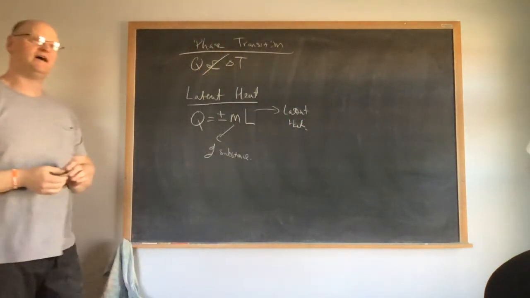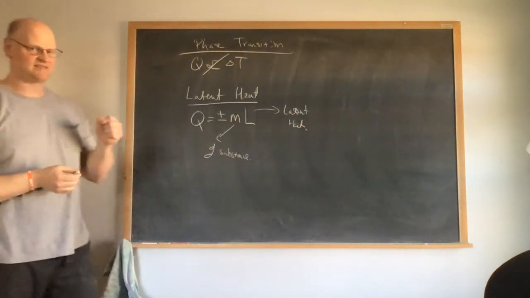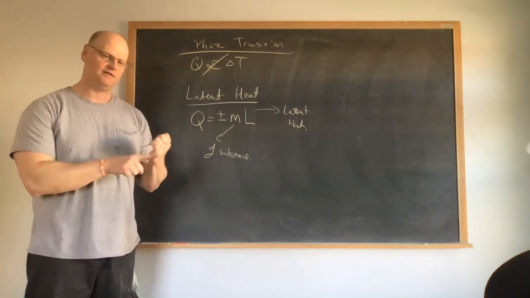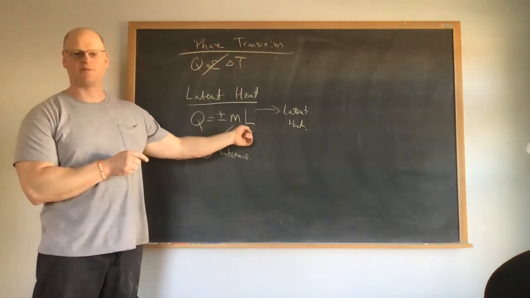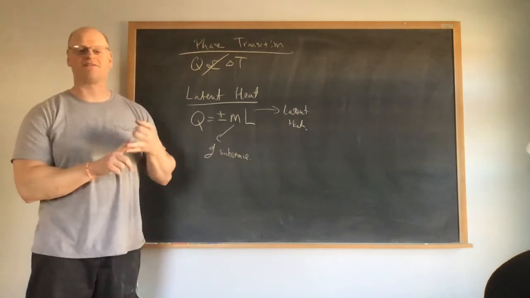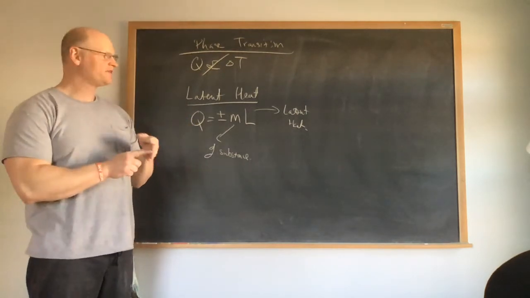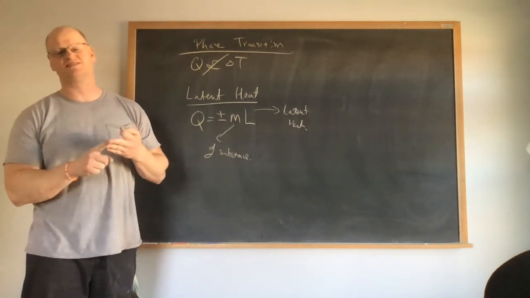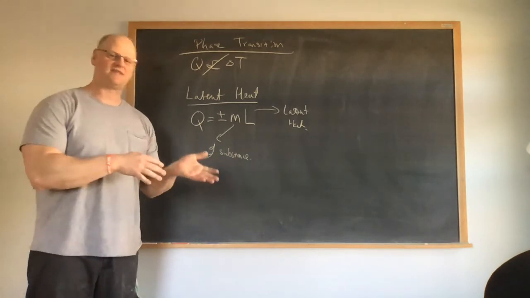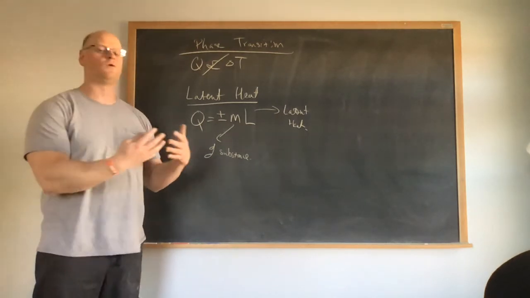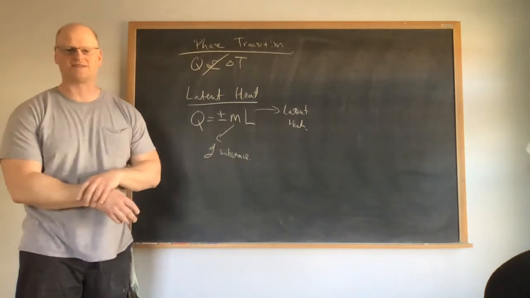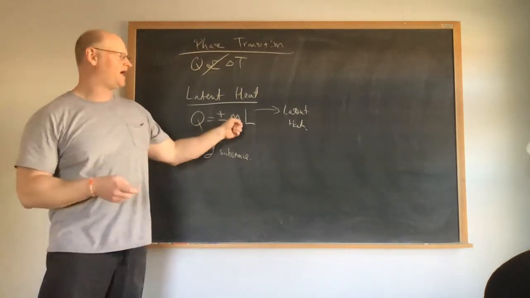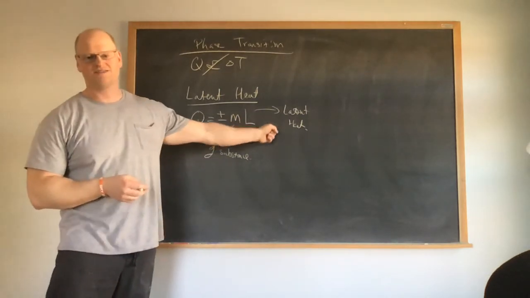Now, latent heat is going to be dependent not only on the type of material, not only on the phase of the material, but also on whether it is condensing or melting or vaporizing, etc. So it's going to depend on what phase it is going from and to.